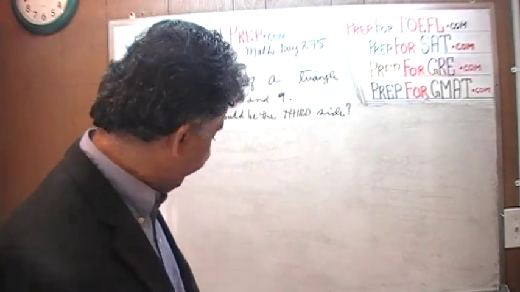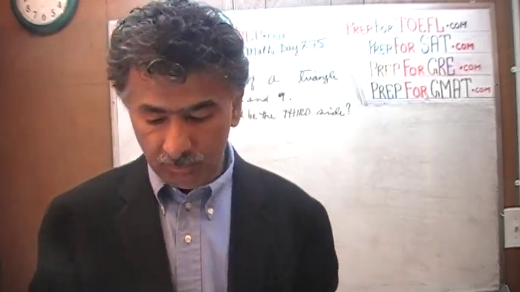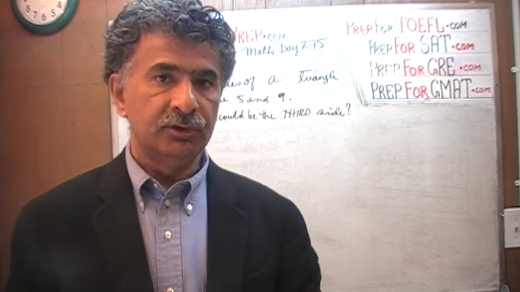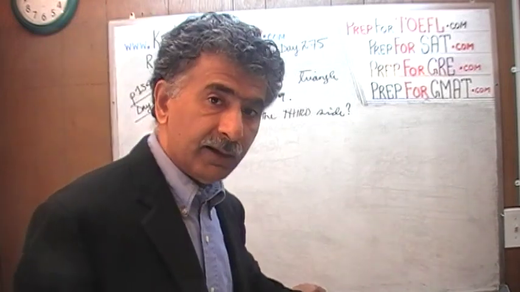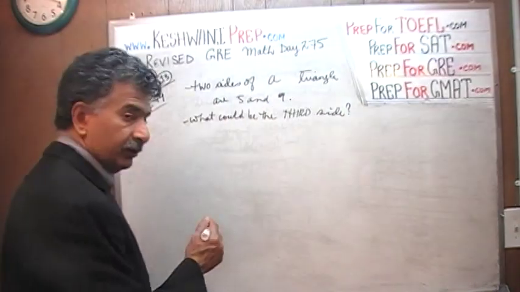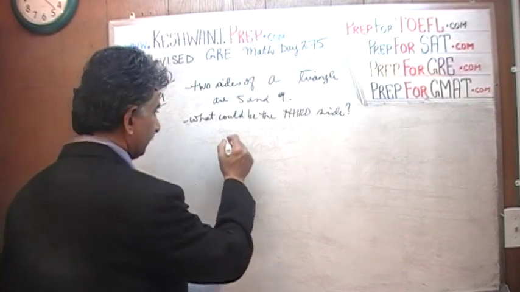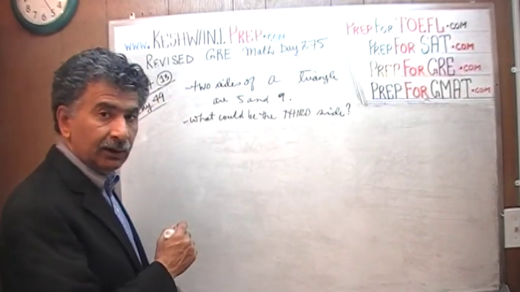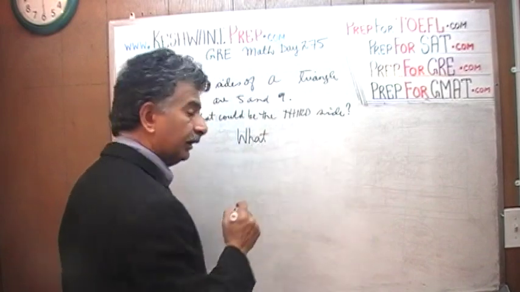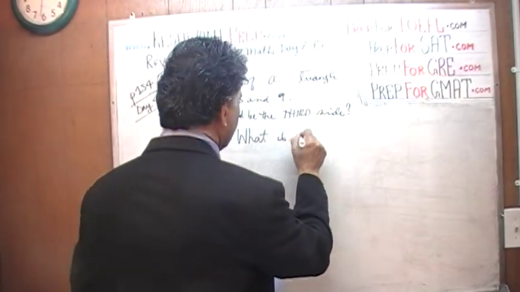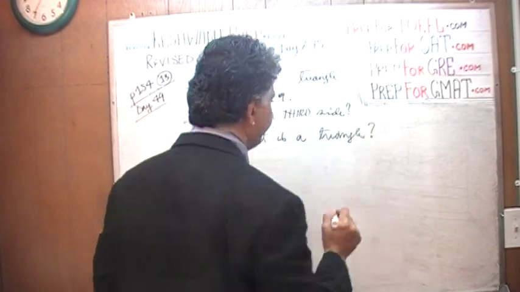This question deals with the most fundamental concept in geometry. You might think that is silly, but this is the question that is being posed here, indirectly, implicitly: what is a triangle?